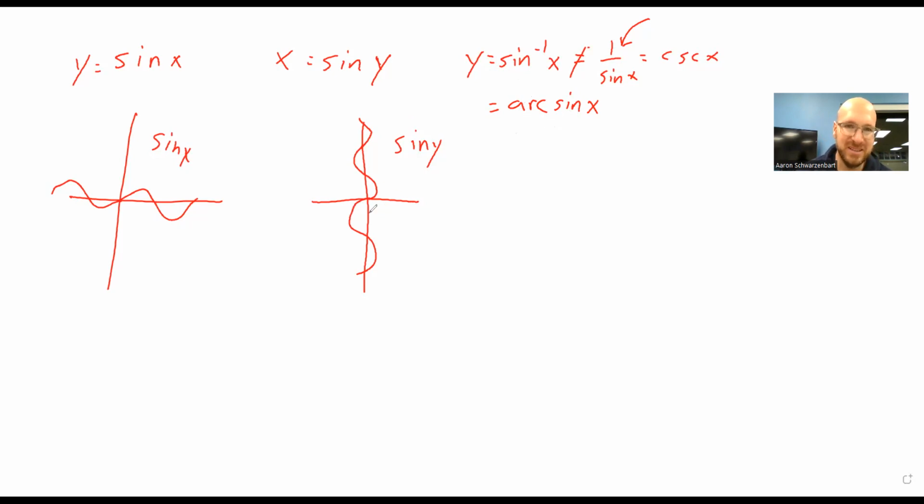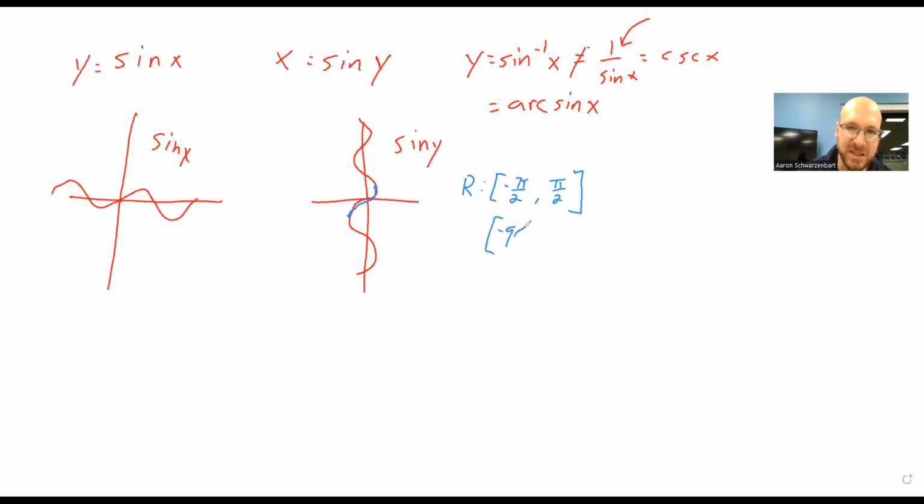So we've got this. This is not a function. However, I can make it a function by restricting the range. It does not pass the vertical line test until I do this. And again, I'm doing it in radians.